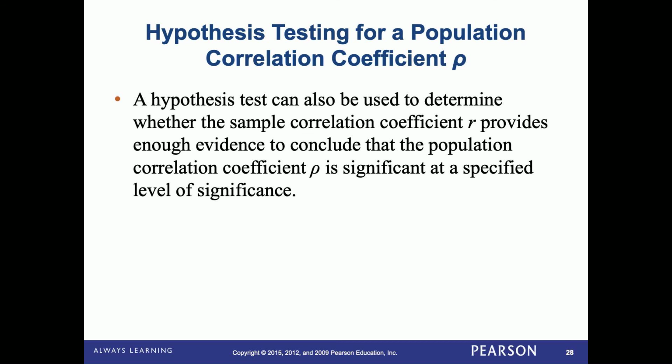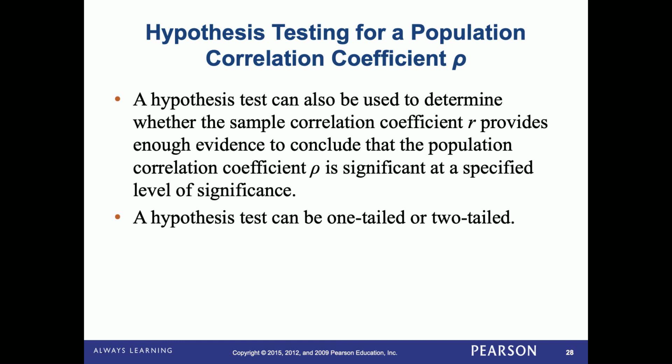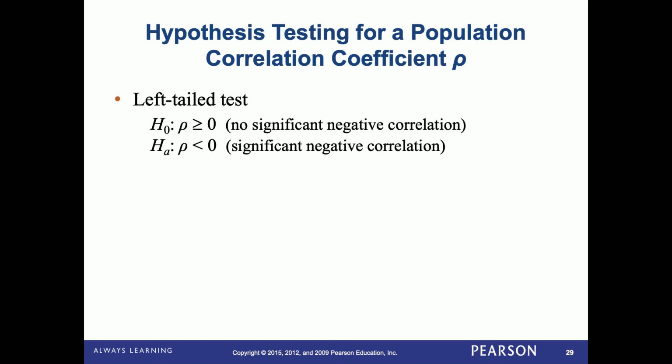So now we're going to use hypothesis testing for a population correlation coefficient rho. We can either have one-tailed or two-tailed. When they ask you to do a hypothesis test, they have to tell you whether it's one-tailed or two-tailed, because the table gives you different values to test against based on that. So if it's left-tailed and rho is greater than or equal to 0, there's no significant negative correlation.